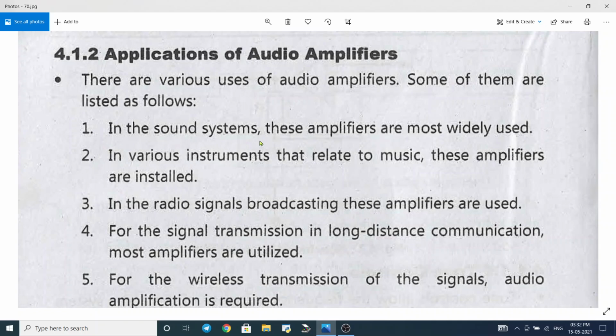In the sound systems, these amplifiers are most widely used. We use the sound systems in various programs. All these sound systems use the audio amplifier.